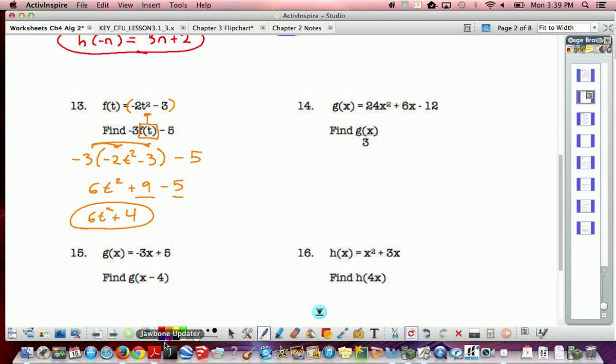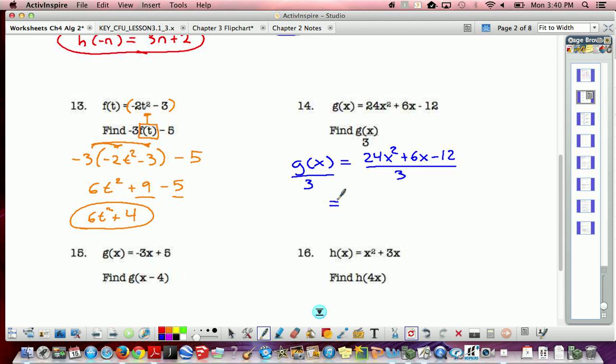Number 14. Here now I'm going to take the function g of x and divide it by 3. So at first I can go, well, g of x equals 24x squared plus 6x minus 12, and I'm dividing this side by 3. So now I need to simplify.